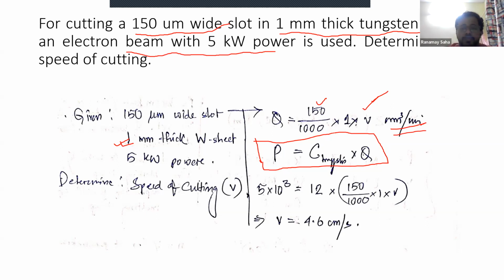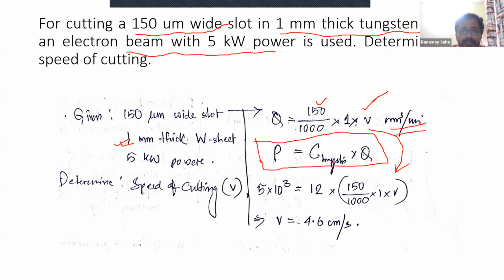So you just keep v as a variable here and plug in all the values in the P equals CQ relation, and from that you can find out v as 4.6 centimeters per second.